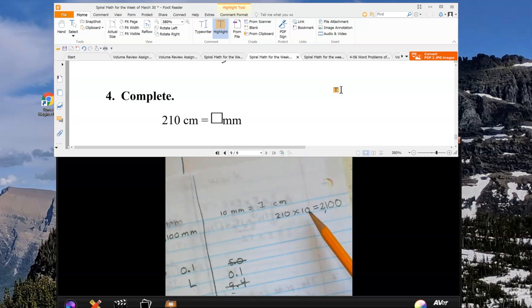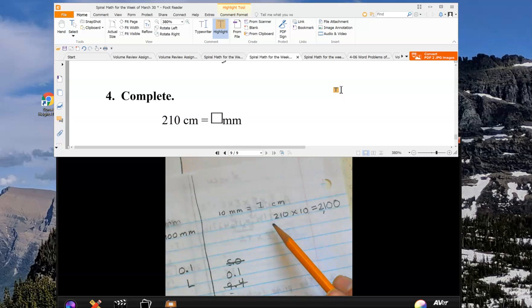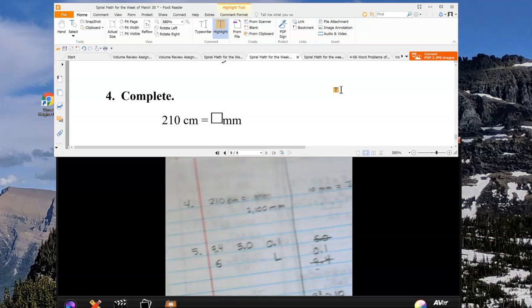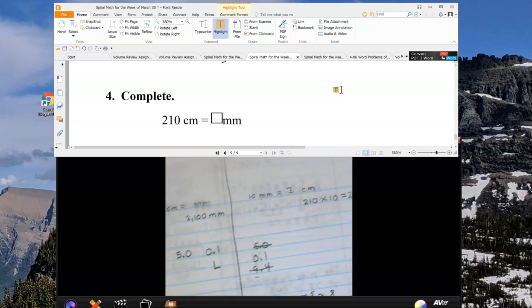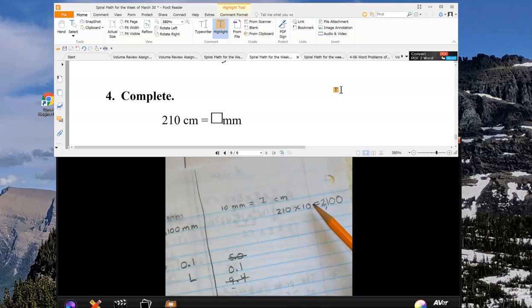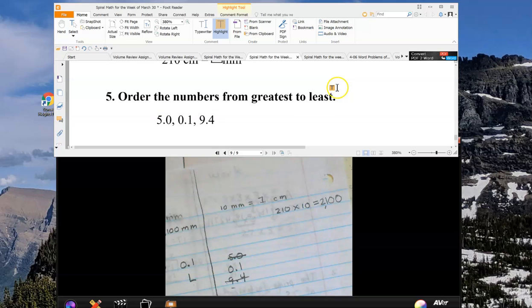The next thing I'm going to do is multiply 210 centimeters by 10 using mental math. 1 times 21 is 21, adding 2 zeros, and I get 2,100 millimeters, which is my amount of millimeters in 210 centimeters. Boys and girls, again, make sure you're showing your work on all these problems, so that when you go back, you can check. And if you made any mistakes, you can see where you made your mistakes. I'm going to go on to number 5.